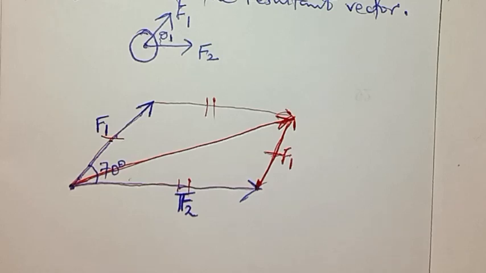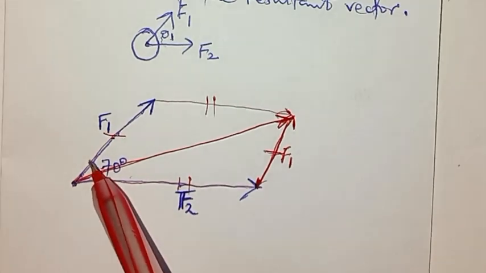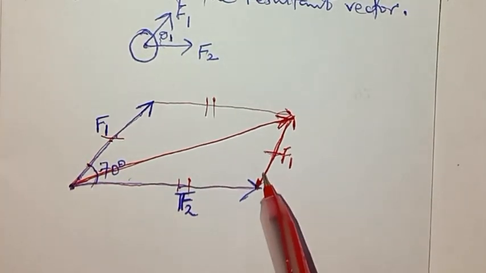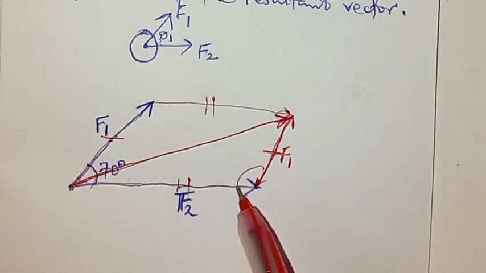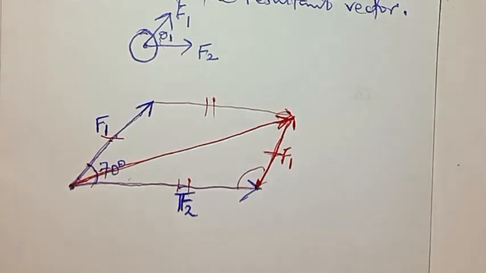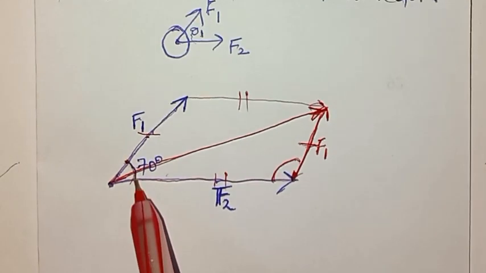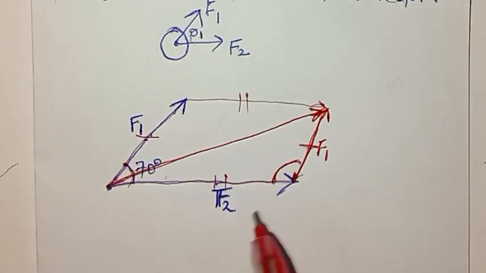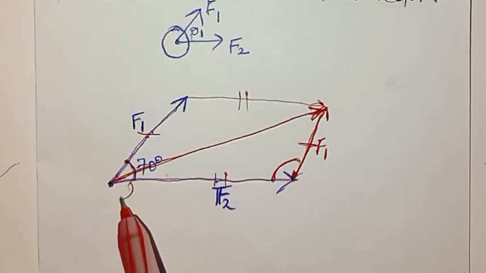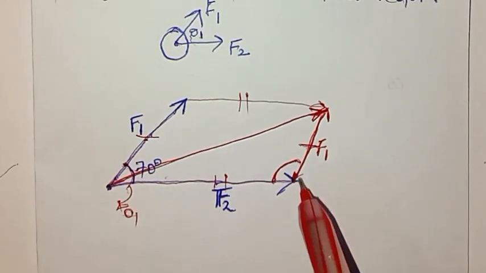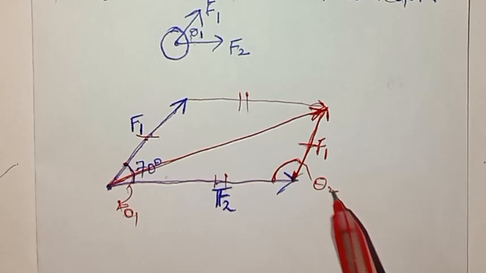After understanding that, we know that the two angles, this angle and this angle in a parallelogram, add up to 180 degrees. Let's say this is theta 1 and this is theta 2.